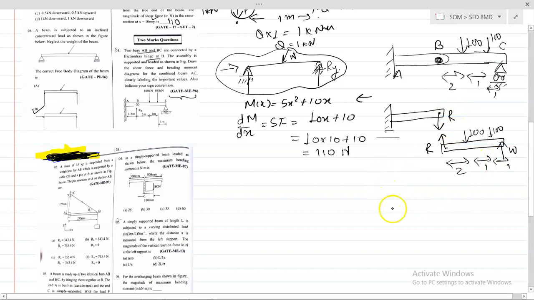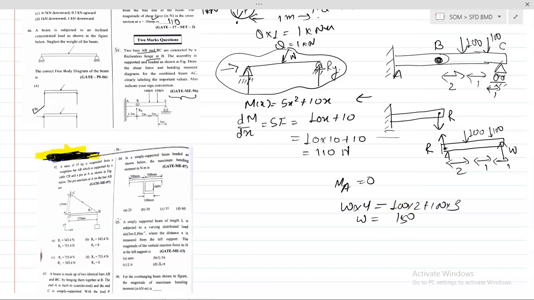So let us first find W, taking moment about A equal to 0. Moment about A is equal to 0, so W into 4 is equal to 100 into 2 plus 100 into 3, divided by 4.